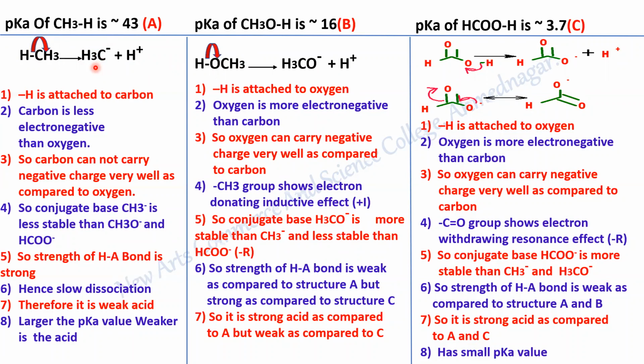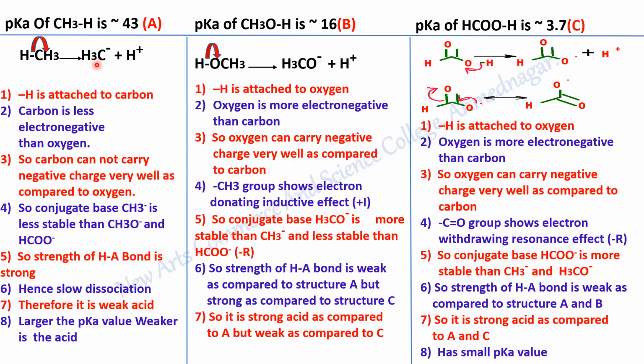Now what are the differences you can see among the 3 molecules? Here the hydrogen is attached to carbon, here hydrogen is attached to oxygen, and here hydrogen is again attached to oxygen. So the difference in these 3 molecules is hydrogen attached to carbon, oxygen and oxygen.